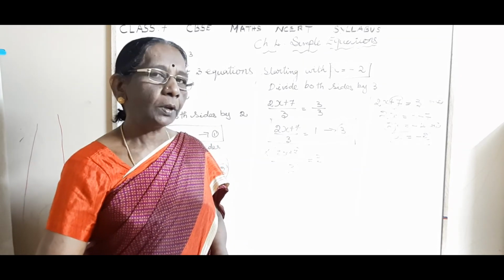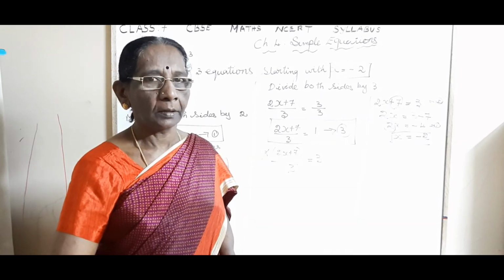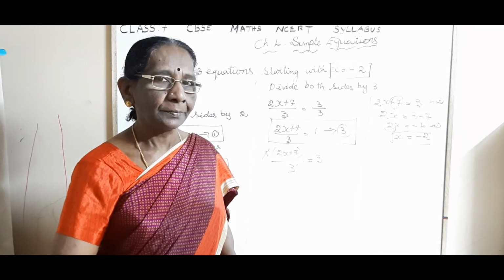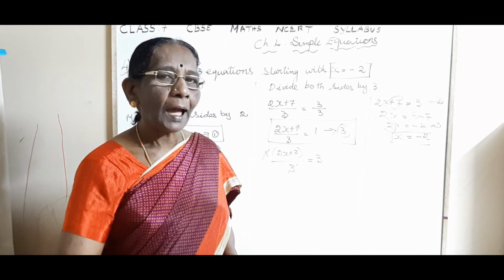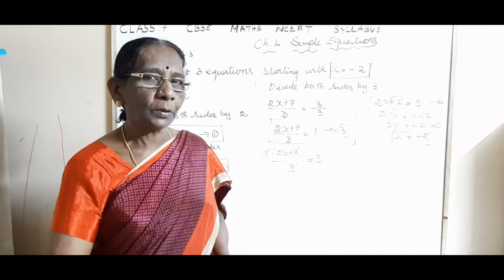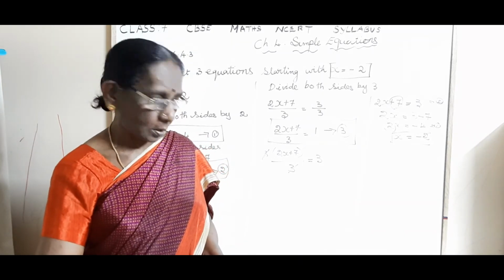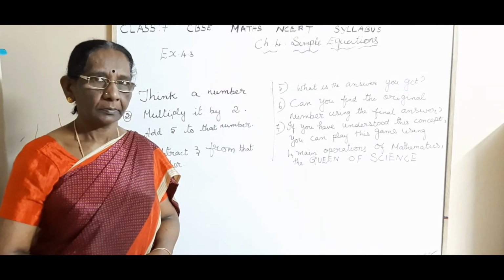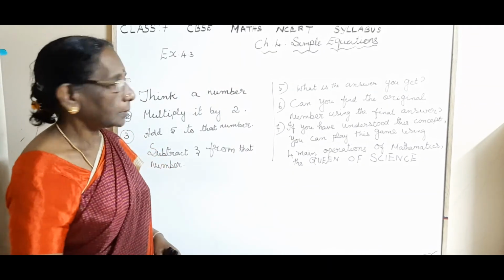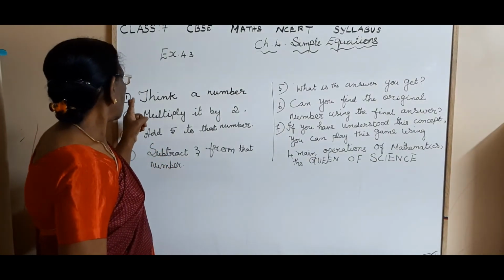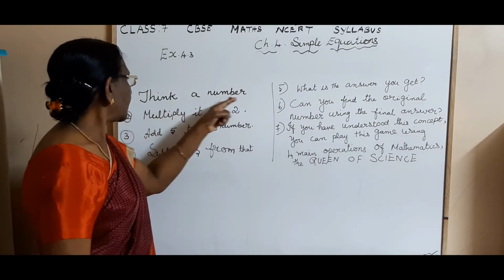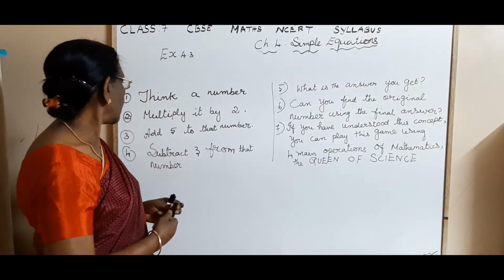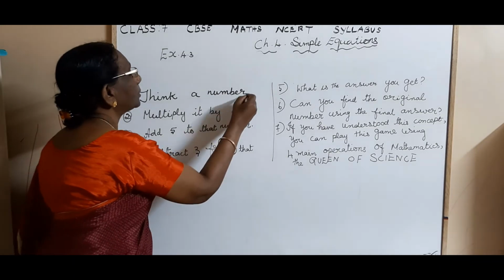Okay. Now I am going to give you a question. You just go through that and check whether you can find the solution for that or not. That is, children, think of a number, first step. Okay. Then multiply it by 2.